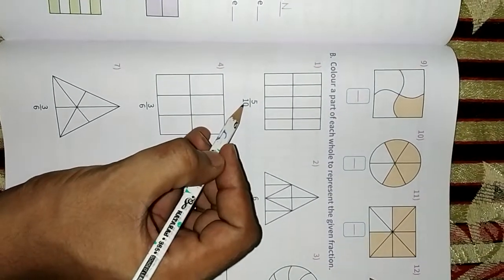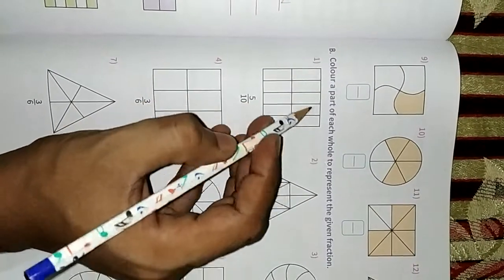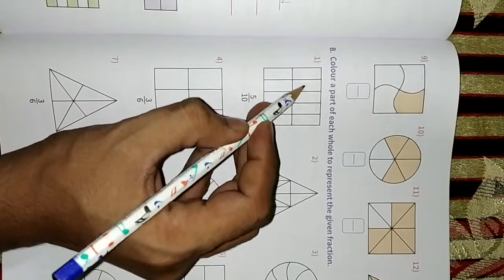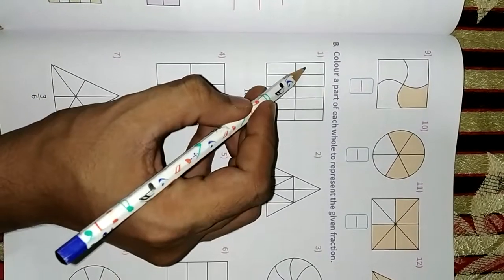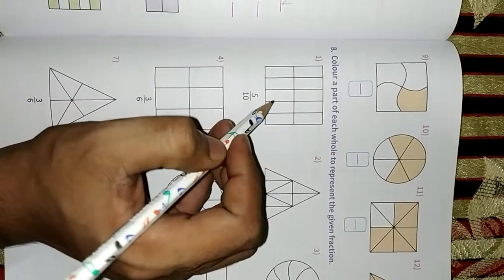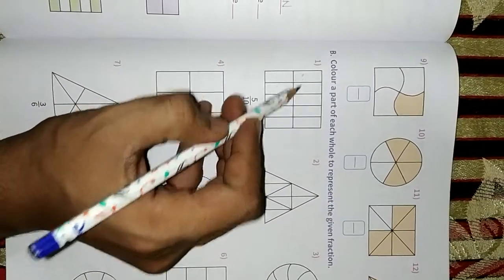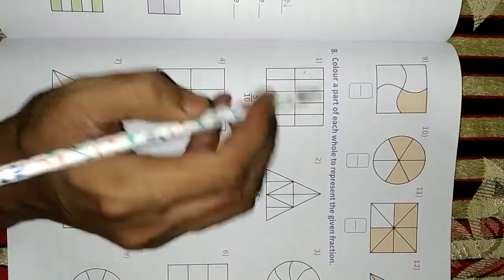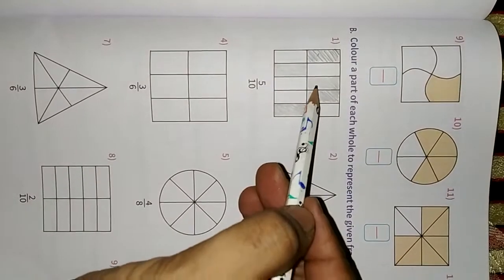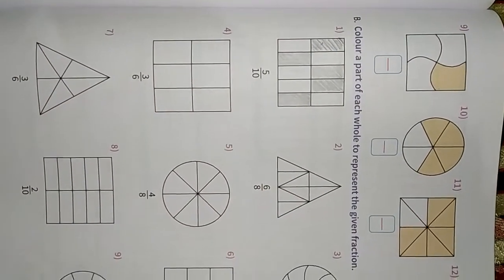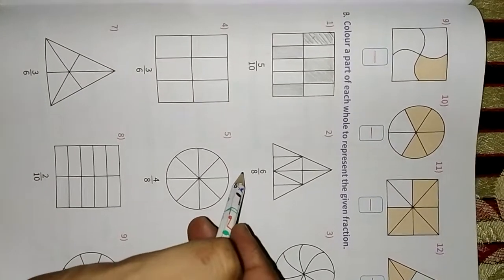Now 5 by 10 means we have to shade 5 parts out of 10. 1, 2, 3, 4, 5, 6, 7, 8, 9, 10. 10 parts are there and we shade 5. Any 5 portions you can shade, not the first 5, any 5 of your choice. I have shaded these 5 parts of this figure. So 5 by 10.